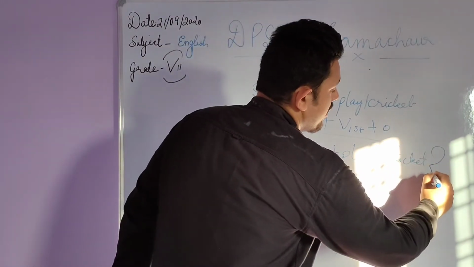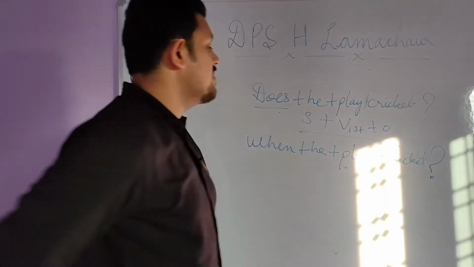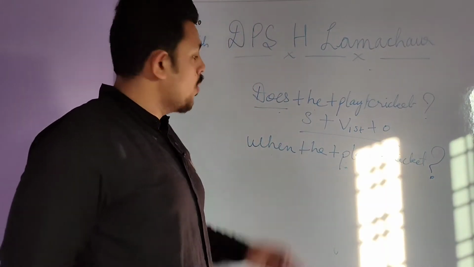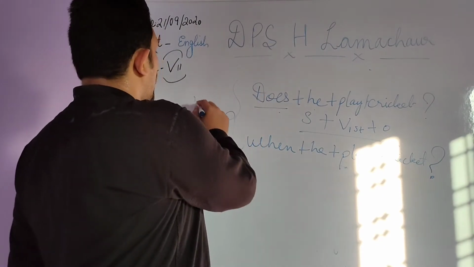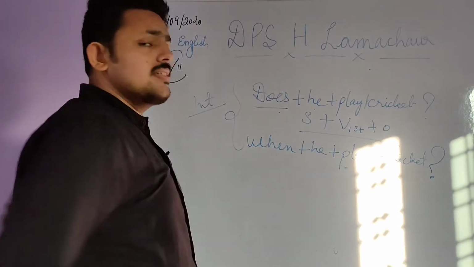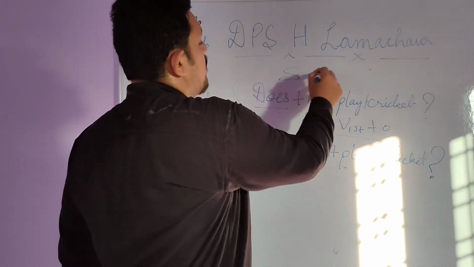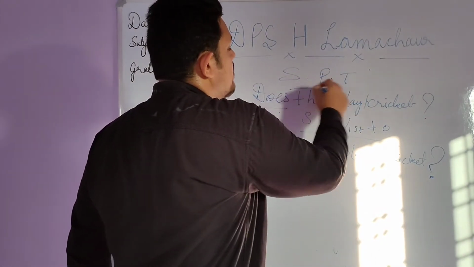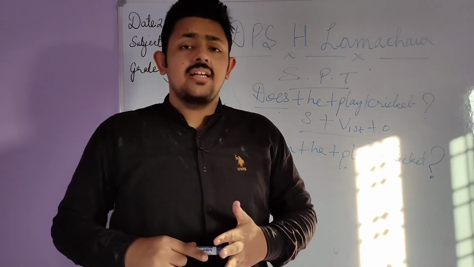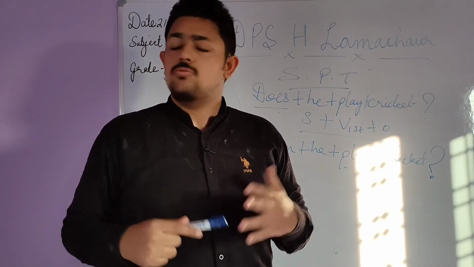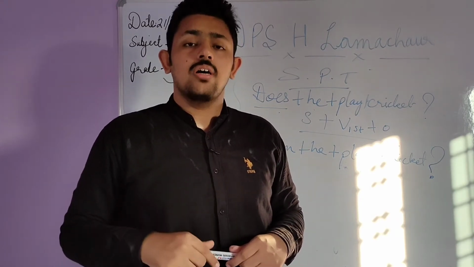And one important thing is to put the question mark after the words. When he plays cricket? Does he play cricket? These are both interrogative forms of the sentence. And what tense are we using here? Simple present tense.